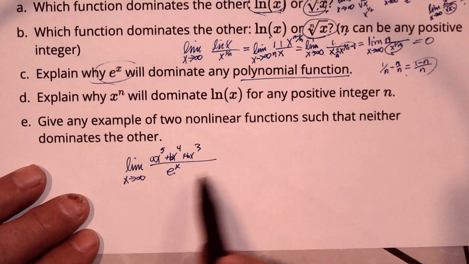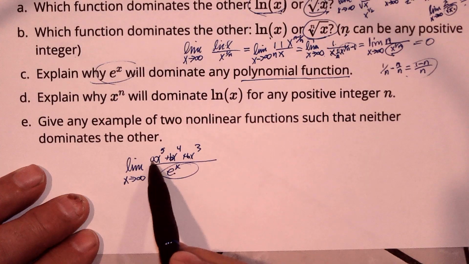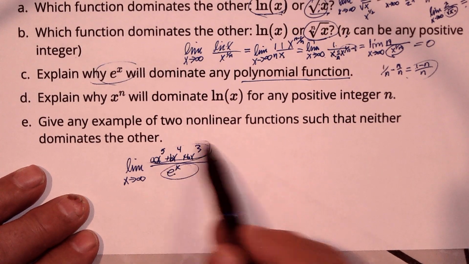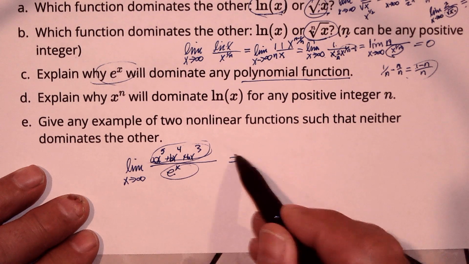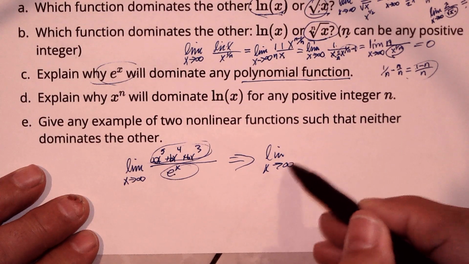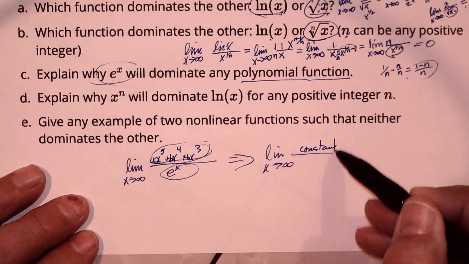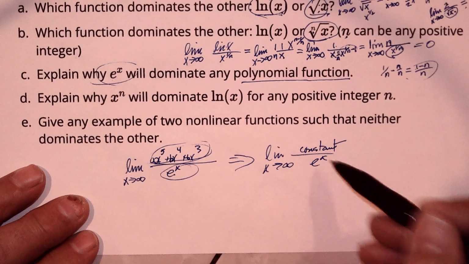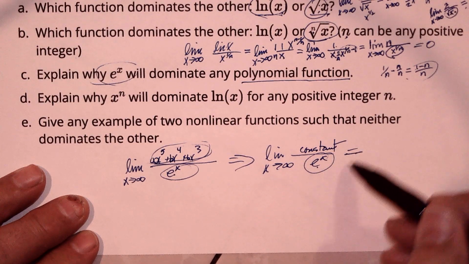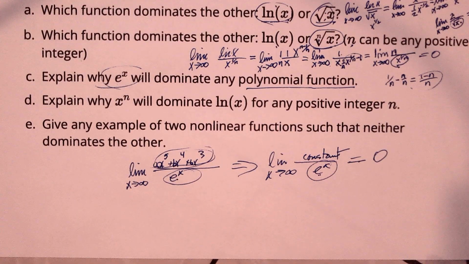But it doesn't matter. As we take the derivative of this, we get e to the x. And as we take the derivative here, these powers keep decreasing until we'll eventually end up with a constant. We'd have the limit as x approaches infinity of a constant over e to the x, and this will grow to infinity. That will stay the same, and so this will go to 0, so e to the x dominates anything.